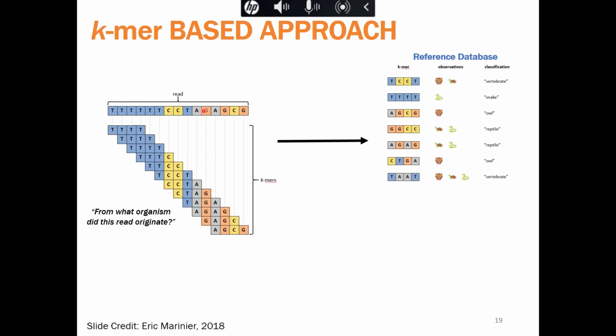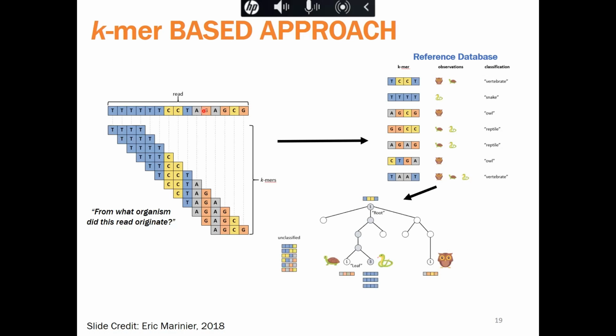Now, once all the k-mers have been searched for in the database, the read is classified according to the root to leaf path with maximal weight. So that just basically means that the read will be assigned to the taxonomic label with the most k-mer evidence. Now, since most tools use the lowest common ancestor, I just want to mention that if a read contains k-mers that are shared equally between 2 taxa, the read will be labeled at the higher taxonomic level.